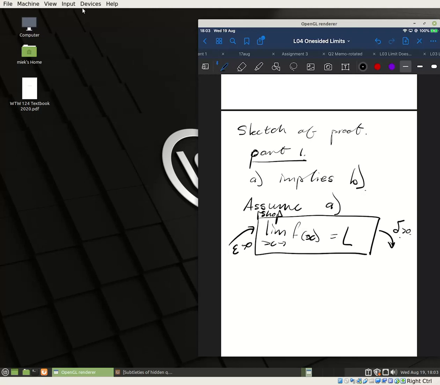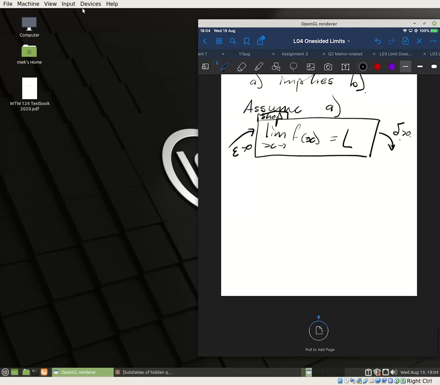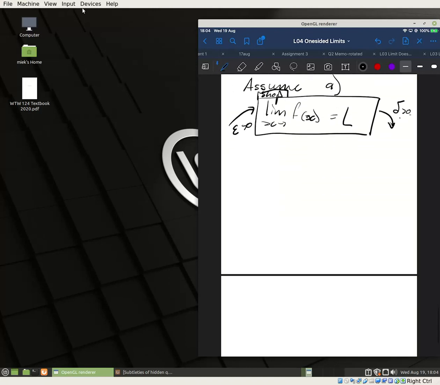So we can buy deltas at this shop. And then we want to show that the limit as x tends to a from the right is equal to L, and the limit as x tends to a from the left is equal to L.